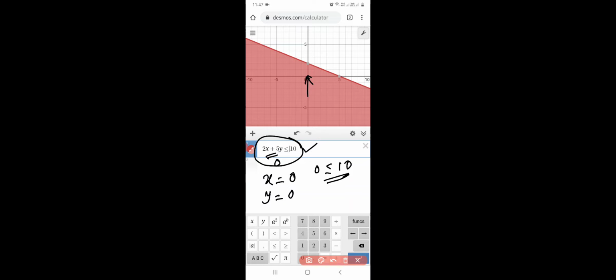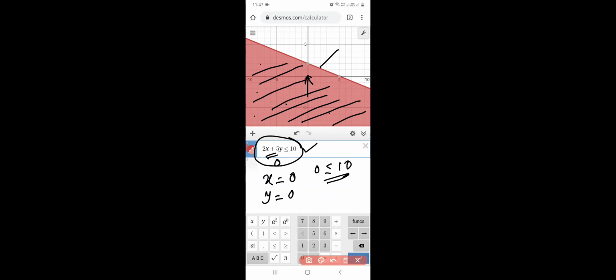Then if I take, for that matter, any point here, doesn't matter, I will see that they all satisfy the given inequality. So therefore, the inequality represents not only this straight line, but also the area underneath it. Now, how to understand which area it represents?